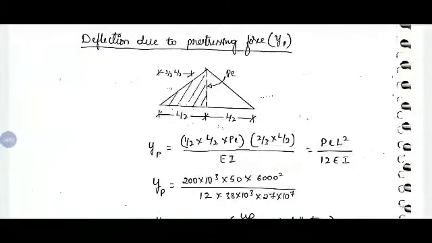deflection due to pre-stressing force is also calculated on the basis of the bending moment diagram. The shape of the bending moment diagram will be the same as that of the profile of the cable or tendon, with maximum height of the product of prestressing force and eccentricity.